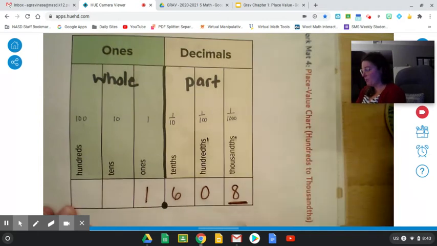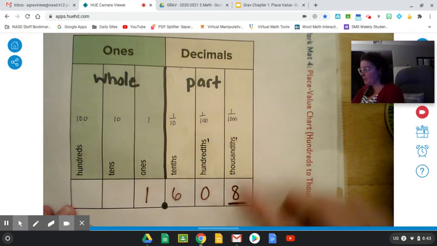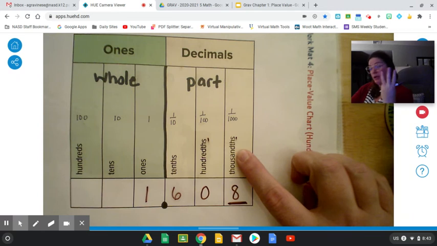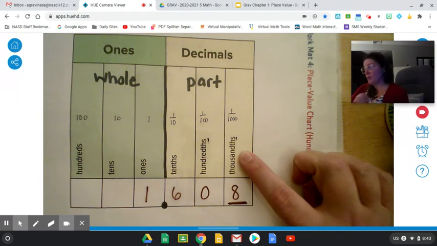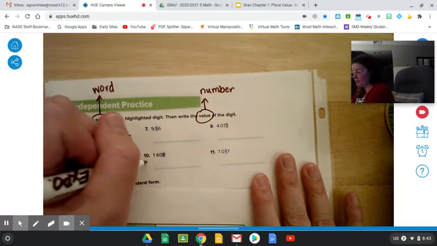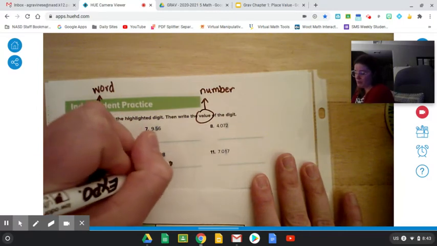I need to name the place, which is the word, and then write the value. The place of the 8: it's the third number after your decimal point. Third is the thousandths. They both start with TH. So 8 is in the thousandths place.